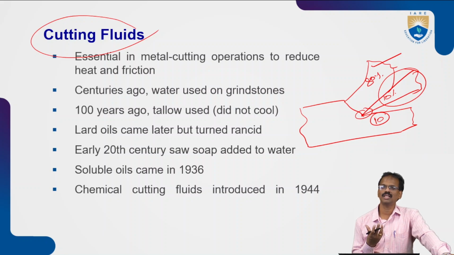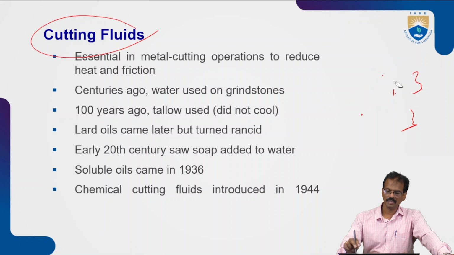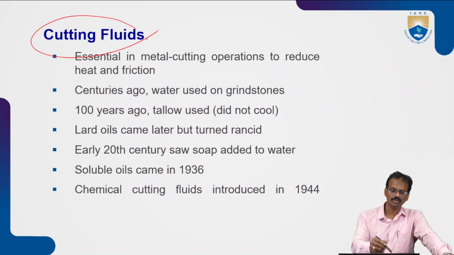The life of the tool will be reduced, the usability of the tool will be reduced, and we will get a rough surface finish. To address this problem in machining, we have to use cutting fluids. That is the main importance of cutting fluids.